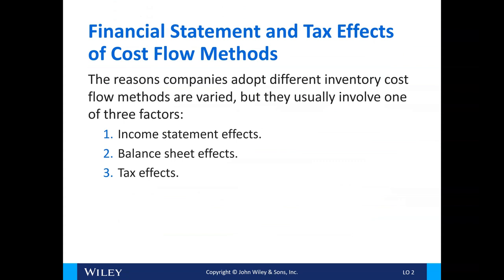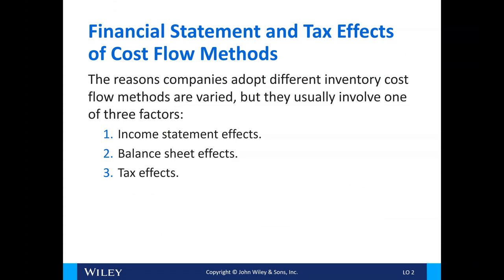Eventually, it's all going to work out, but money today is worth more than money a year from now. So even though on average you're going to have the same amount of net income, if you have lower net income now, you're going to end up with more cash now.